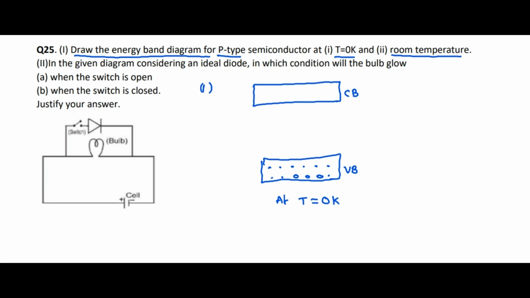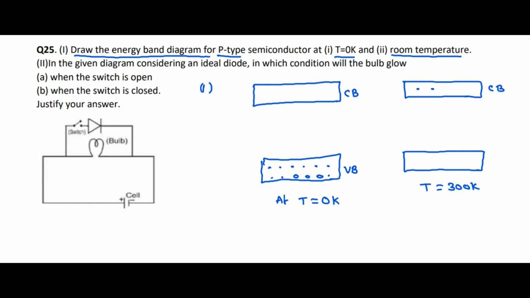At room temperature, that means temperature T is nearly 300 Kelvin, the conduction band will have a few electrons, and the valence band contains holes and electrons, but the number of holes in the valence band is very large compared to the number of electrons in the conduction band.